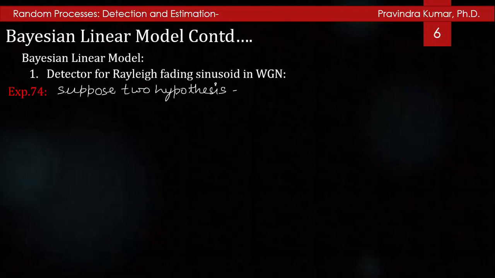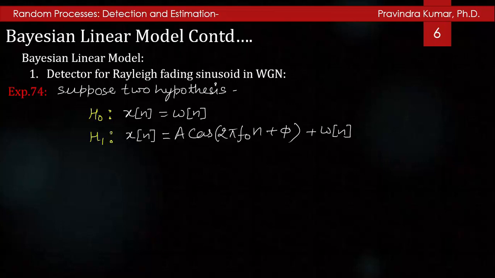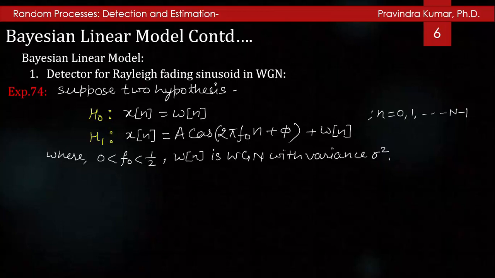Let us take two hypotheses. H0 corresponds to x[n] equal to omega[n], meaning under this hypothesis there is no signal, only noise is present, and under hypothesis H1 the signal x[n] is equal to A cos(2 pi f0 n plus phi) plus omega[n], where f0 is between 0 and 1 by 2 and omega[n] is white Gaussian noise with variance sigma square, and A and phi are random variables.